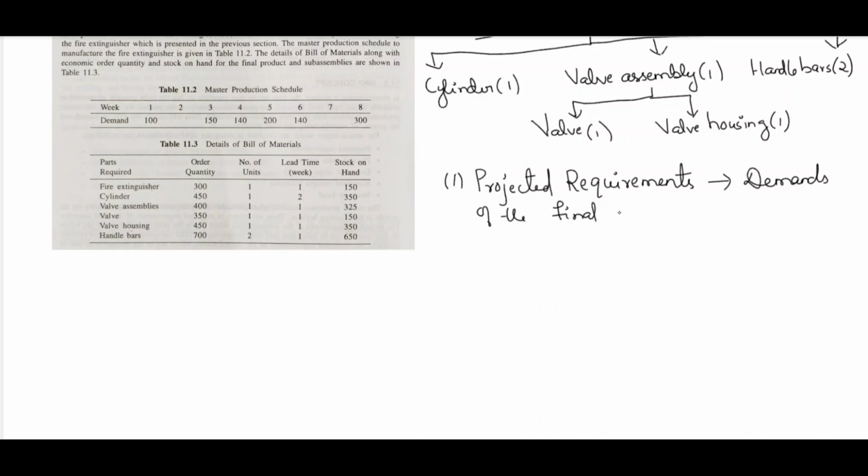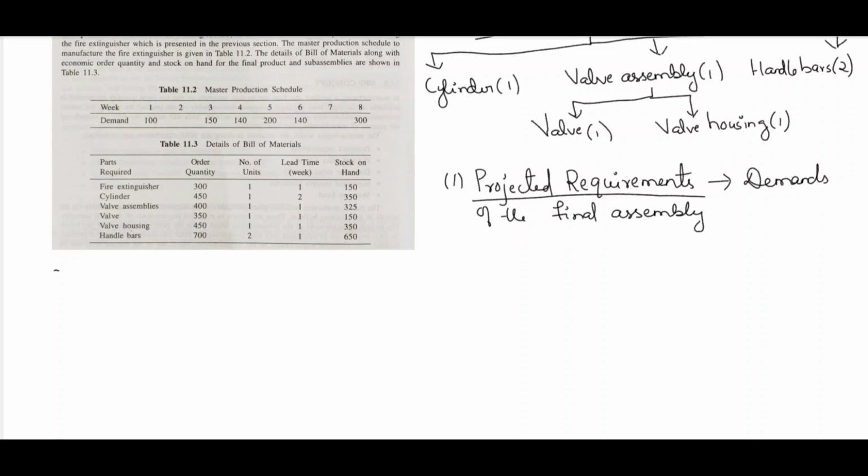So we can see here in the master production schedule that the demand for fire extinguisher is 100 for the first week, for the third week it is 150, for the fourth week it is 140, likewise up to the eighth week where we need 300 quantities. So projected requirement is the demands of the final assembly.